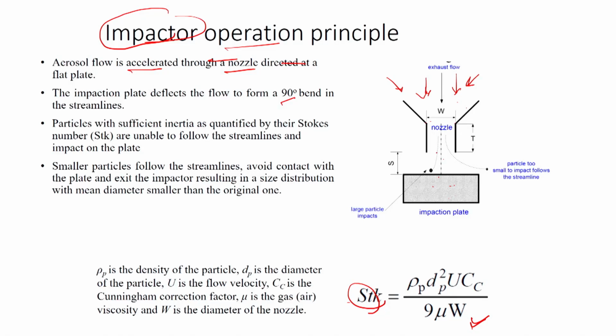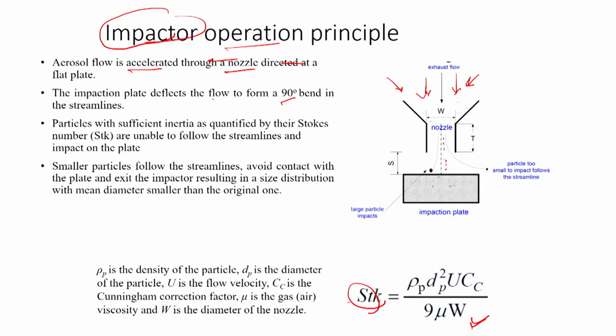When it passes through the nozzles, it will have high velocity. In normal flow, this could have deposited here, but when you have very high flow, it will be slightly diverted.